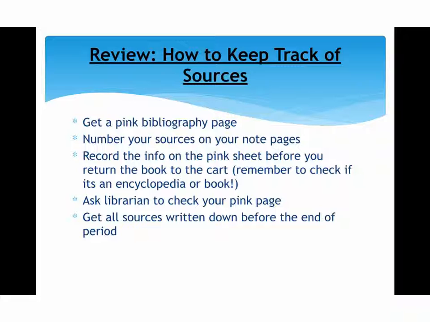So look at the title page of your source and see, is there a place for a volume number or a volume range? Look at the title page or the table of contents. Is the information in chapters or is it in articles that are just sort of alphabetical? So that's how you would determine if it's a book or an encyclopedia. And if you really can't tell, then you can ask one of us.